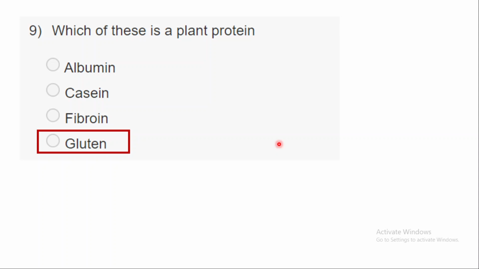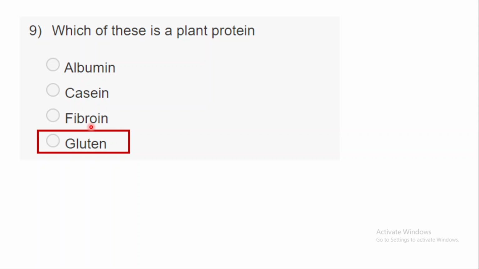Gluten is a protein found in wheat and all kinds of pulses, grains and cereals, while the rest, albumin, casein, and fibroin, are all animal proteins. Fibroin is actually silk fibroin, which is produced by a worm called the silkworm. So it's not a plant protein, it's an animal protein.